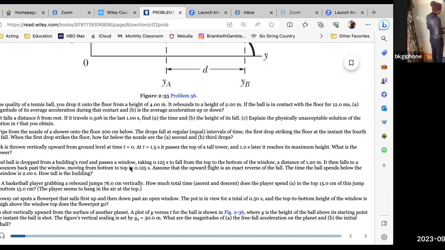Now, also over here on the other side, I'm going to do something else here too. We know that some delta t's. So this delta t is 0.125 seconds, right?